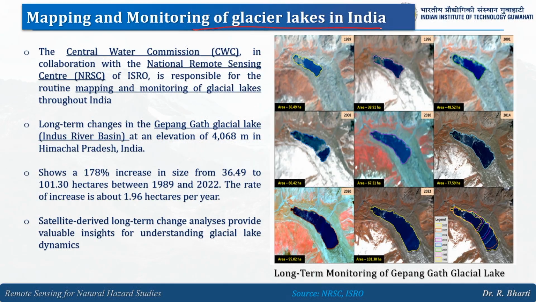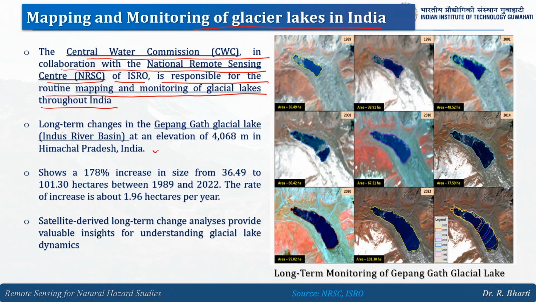Mapping and monitoring of glacial lakes in India. The CWC, Central Water Commission, in collaboration with the National Remote Sensing Centre, NRSC of ISRO, is responsible for the routine mapping and monitoring of glacial lakes throughout India.